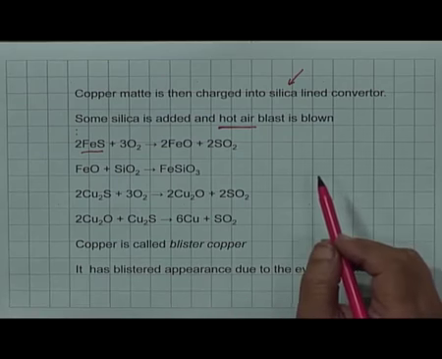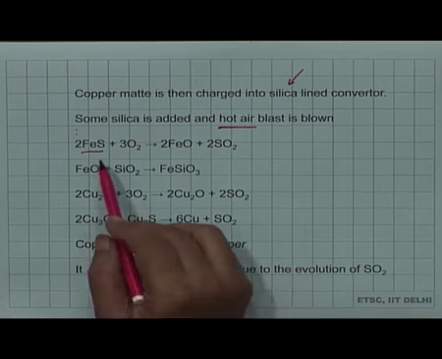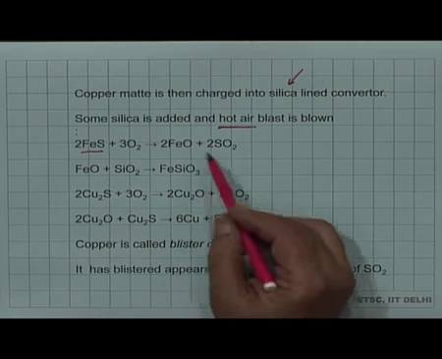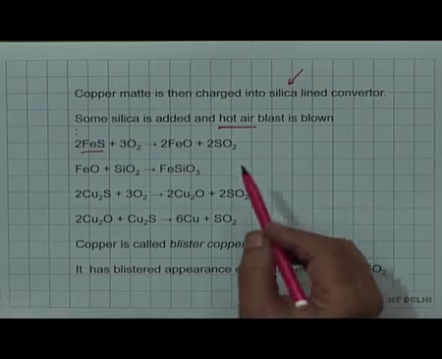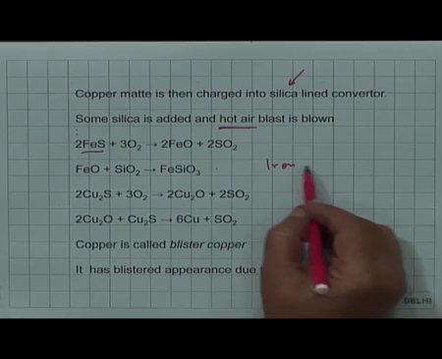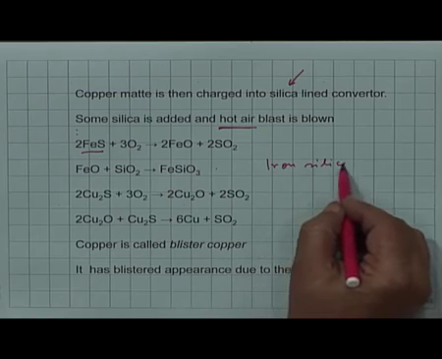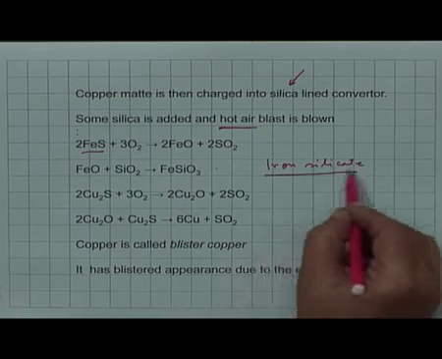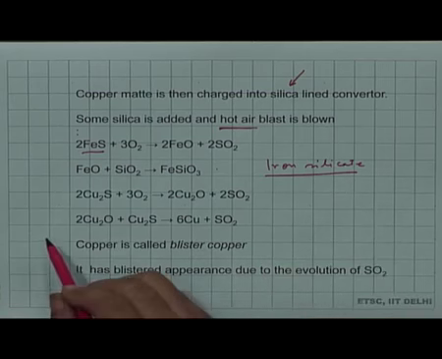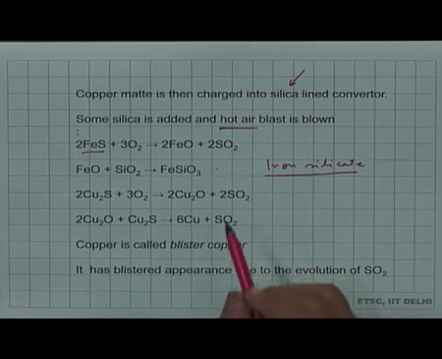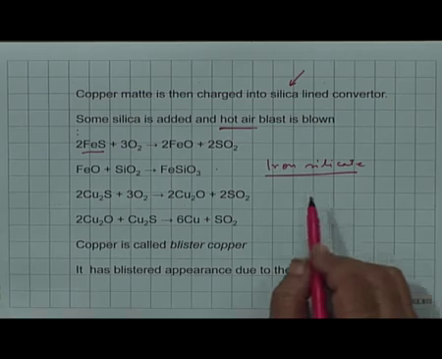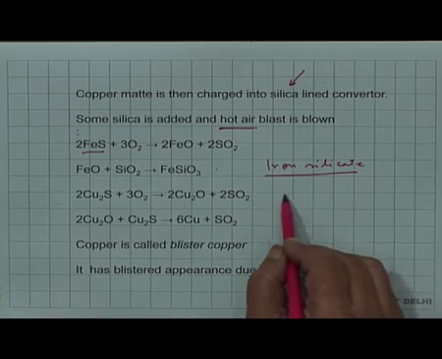The idea of using hot air is to convert the leftover iron sulphide into iron oxide, which again combines with silica to form iron silicate. And the second purpose of this hot air blast is that the copper sulphide which is present is also converted into copper oxide.